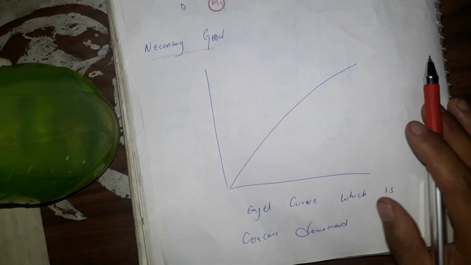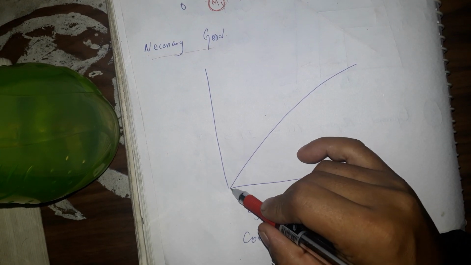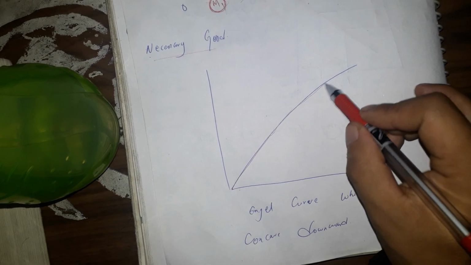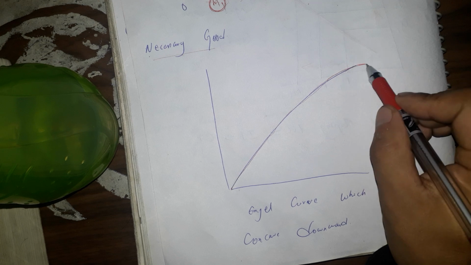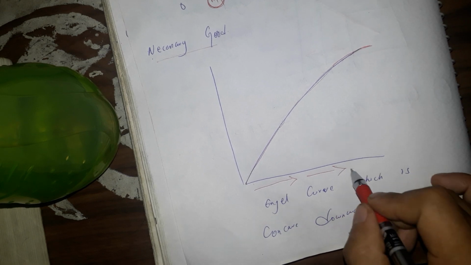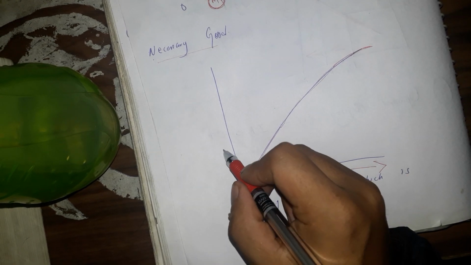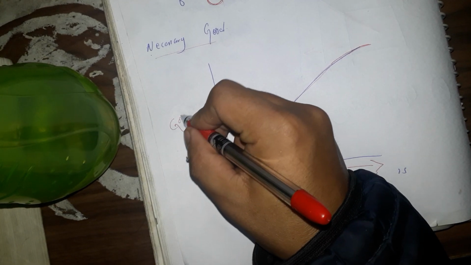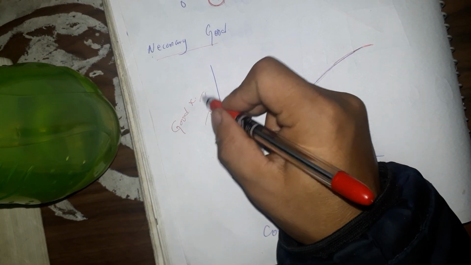In this case, you can clearly see that the Engel curve is upward sloping, but it is somewhat concave like this. This implies that as level of income of the consumer increases, consumption or expenditure on the good, let us assume good X, keeps on increasing.